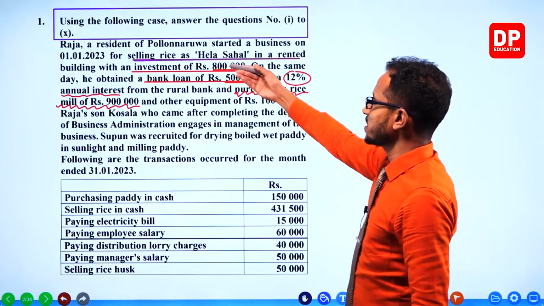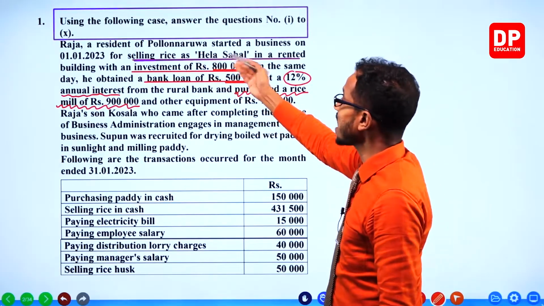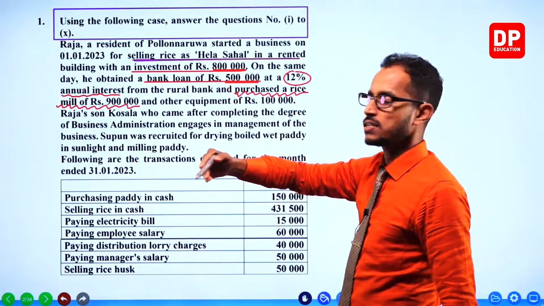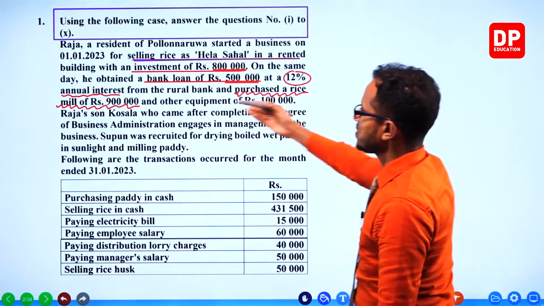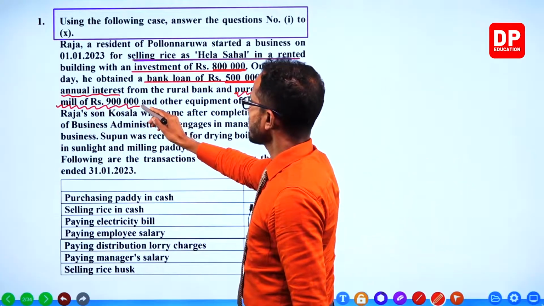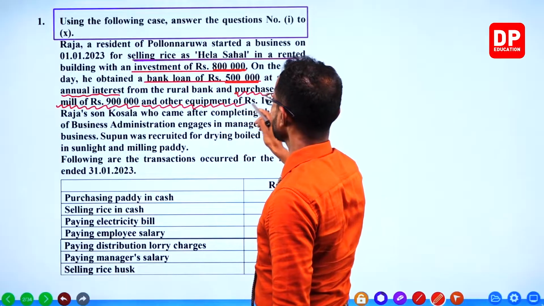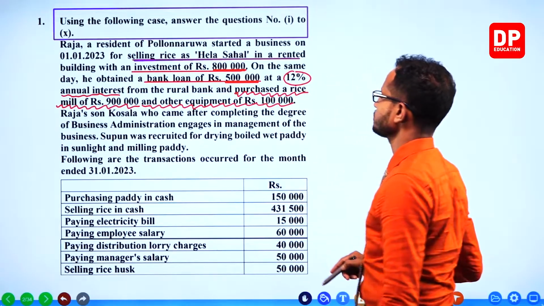So that is what the name says, Hela Sahal. Okay, purchased a rice mill. So this guy has a rice mill and other equipment of 100,000.